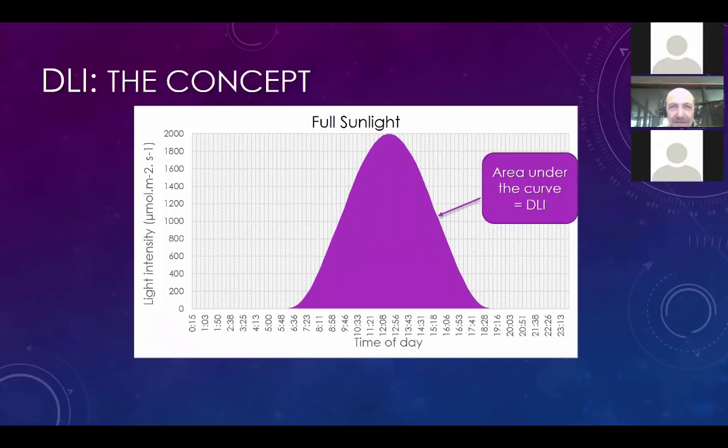What's of interest is the quantity of rain that has fallen over the course of the day. So we put a rain bucket out and capture all of the raindrops. It's the same thing: we put a light sensor out and capture all of the photons of light, and that measurement is DLI, the daily light integral.